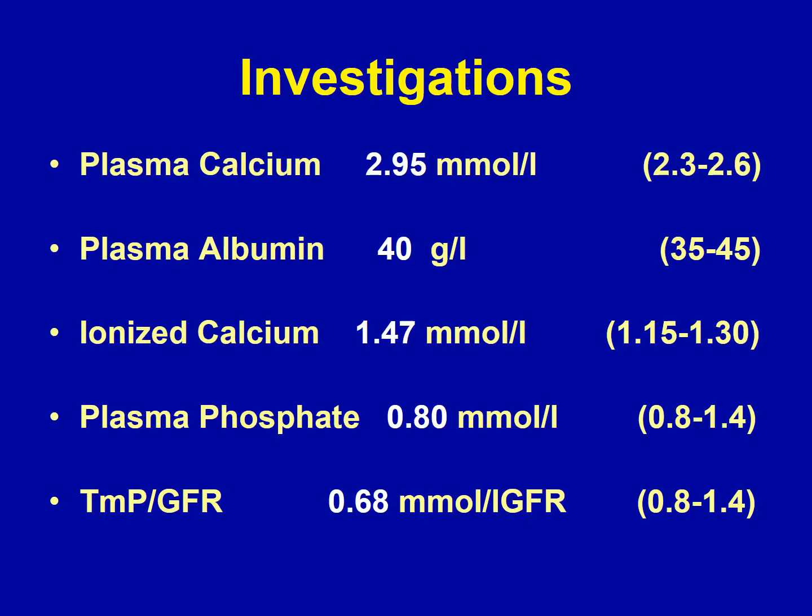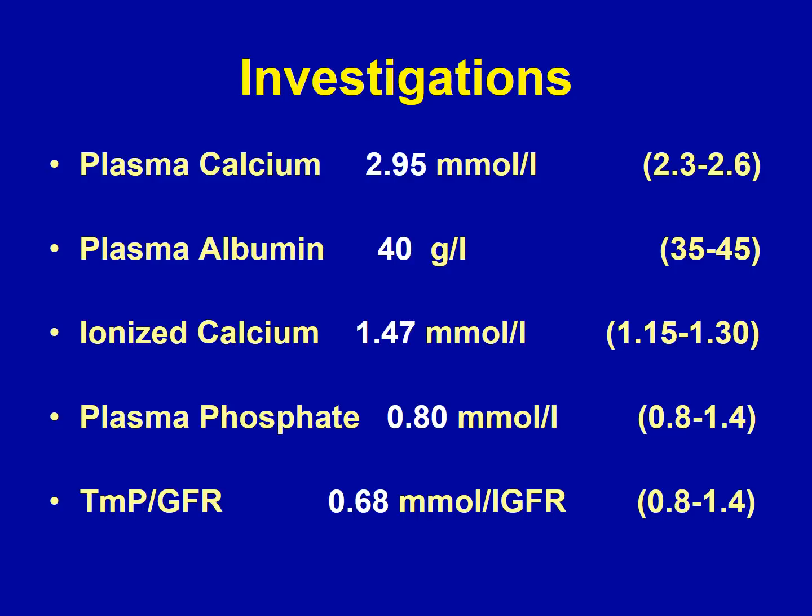We're able to measure the ionized calcium, and that was done in this case, and not unexpectedly, it was elevated as well. The phosphate level was at the lower part of the normal range, and this TMP-GFR is a measure of urinary phosphate loss, such that a low measurement, as in his case, indicates impaired ability to reabsorb phosphate.